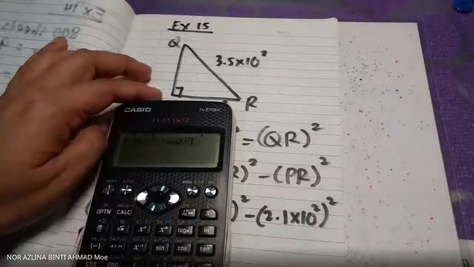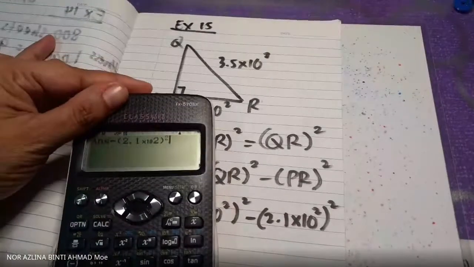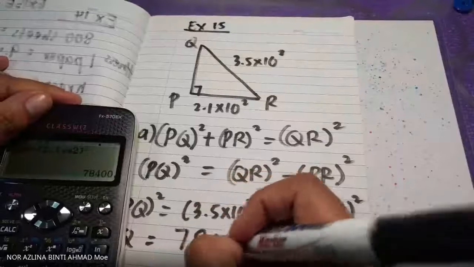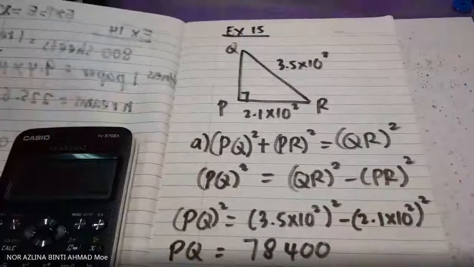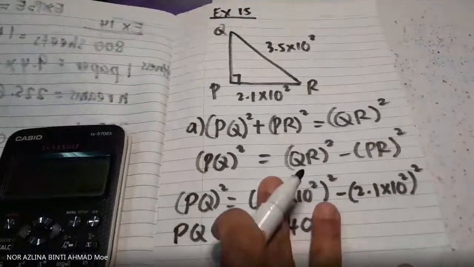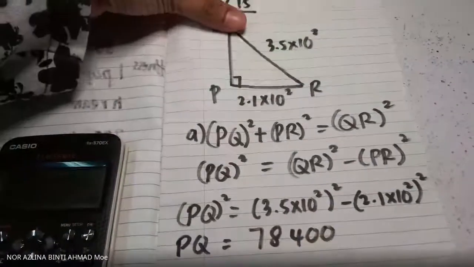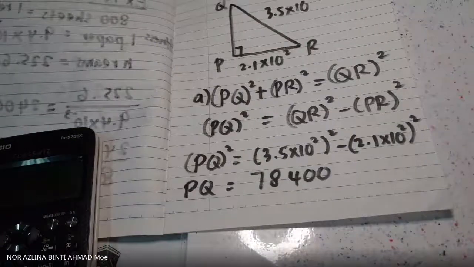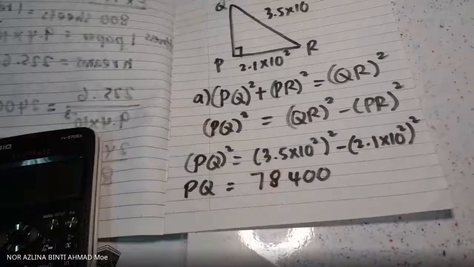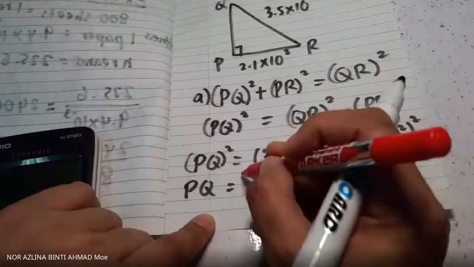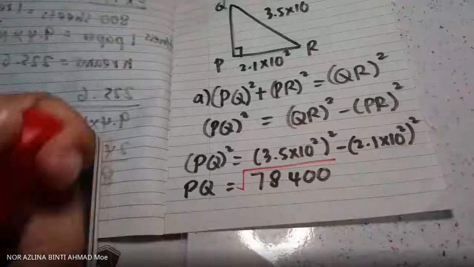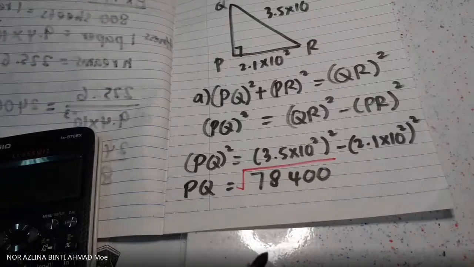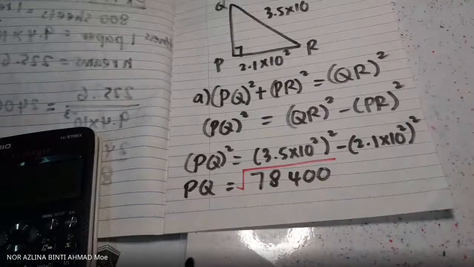Okay, you get 78,400. But we want only PQ. This is square, so we need to square root. Square root answer, I get 280.